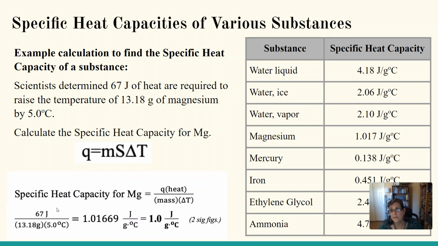Well, 5.0 is 2 sig figs and 67 is 2 sig figs. So we are limited to 2 sig figs. So 1.0 joules per gram degree Celsius is our answer. So that is how you calculate a specific heat value for a substance. Again, we rearrange Q equals m s delta T, which is a very important equation. We're going to use it more in the next video.